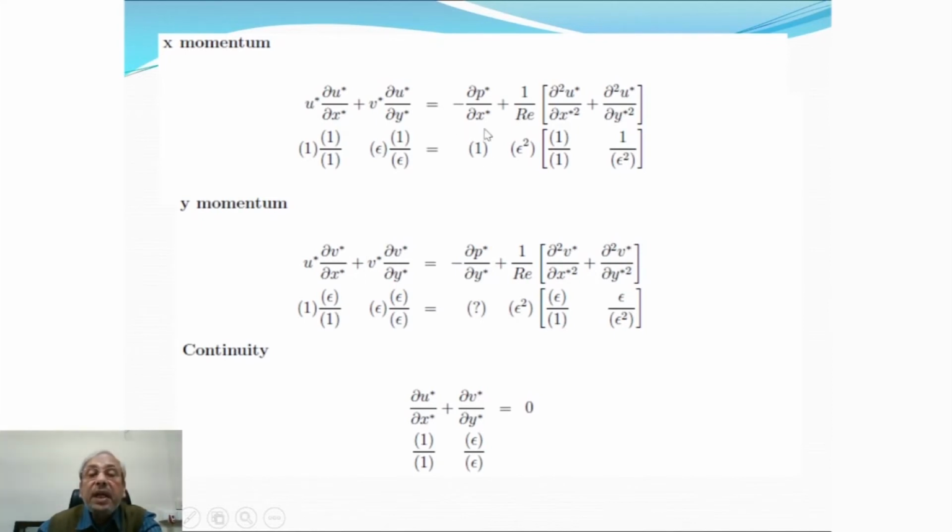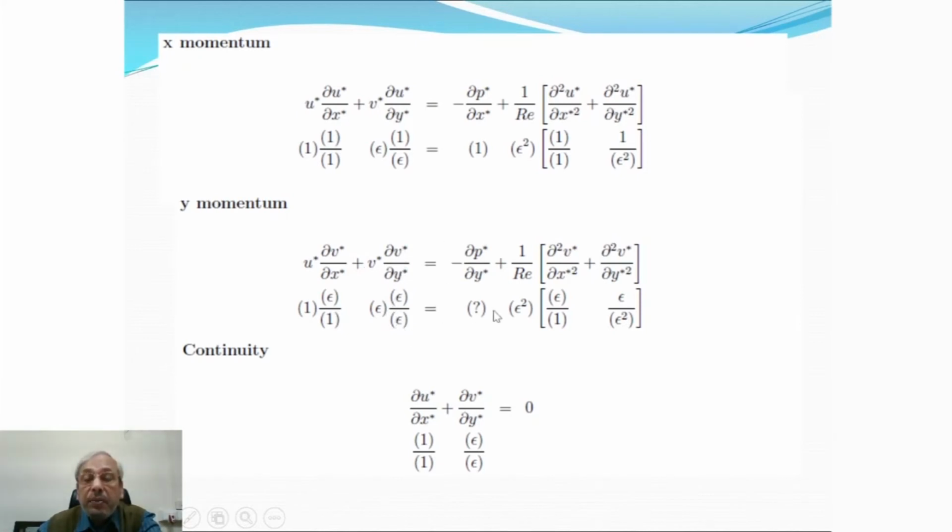Del P star del X star we will not talk about now, and 1 by Reynolds number we will not talk about now. Here we can see this will be of the order of 1 by 1, and this will be of the order of 1 by epsilon square. Similarly, in the y momentum equation, we can write 1 epsilon by 1, v star is order of epsilon, again v star order of epsilon, v star order of epsilon, y star order of epsilon.